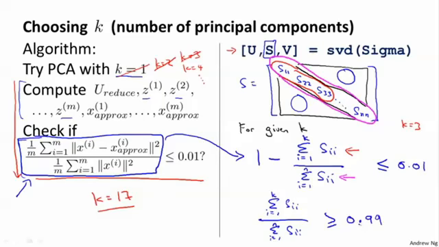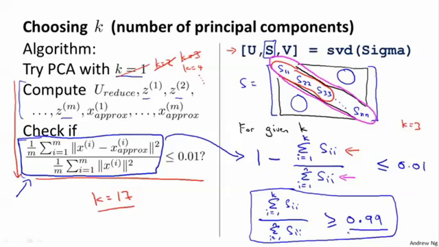So you can just slowly increase k, set k equals 1, k equals 2, k equals 3, and so on, and test this quantity to see the smallest value of k that ensures that 99% of the variance is retained. And if you do this, you need to call the SVD function only once, because that gives you the S matrix, and once you have it, you can keep doing this calculation by increasing the value of k in the numerator, and so you don't need to keep calling SVD over and over again to test out different values of k.